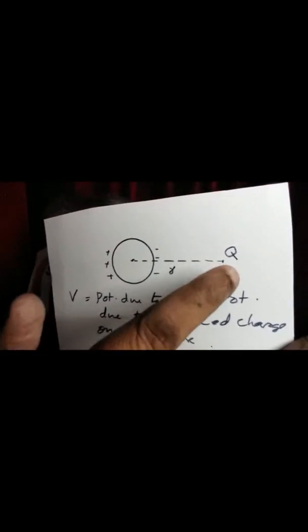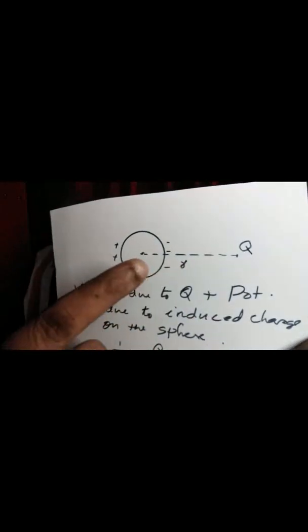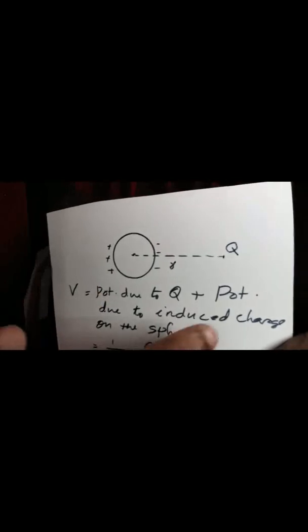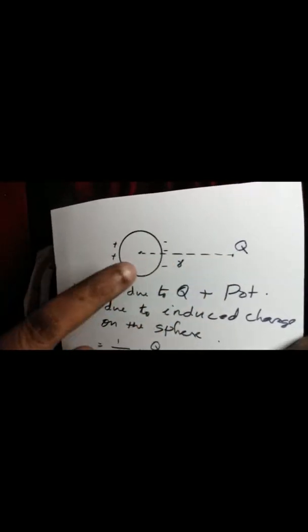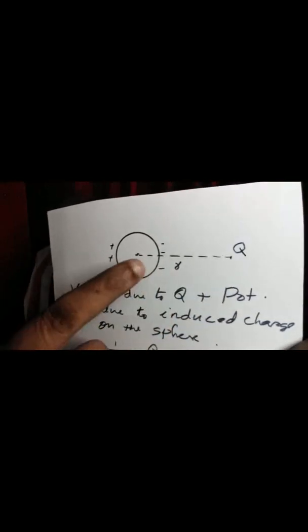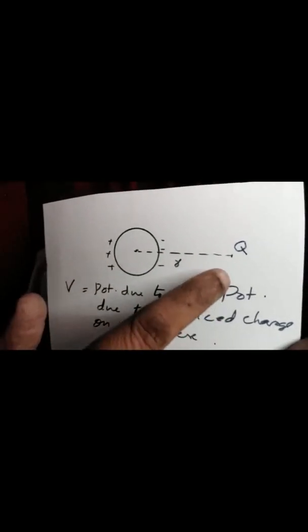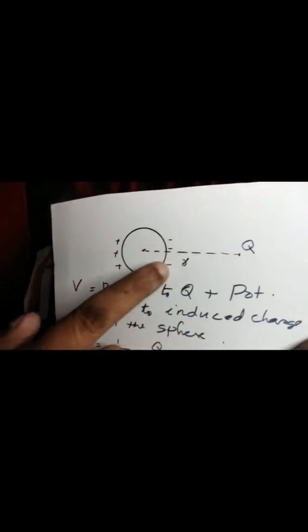The first one, the potential created by this point charge on this sphere, is the same as the potential of Q produced by Q at the center of this sphere, which is nothing but 1 by 4 pi epsilon 0 into Q by R.